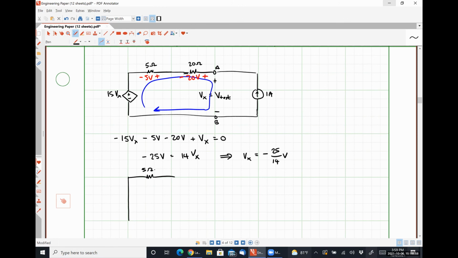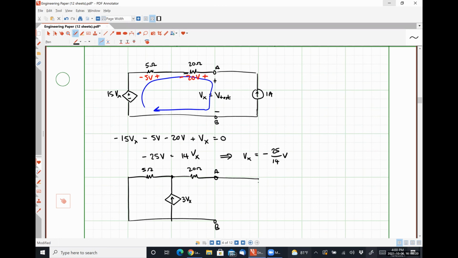So we have a 5 ohm resistor, a 3Vx current source, a 20 ohm resistor. Here's my terminal A. Here's my terminal B.